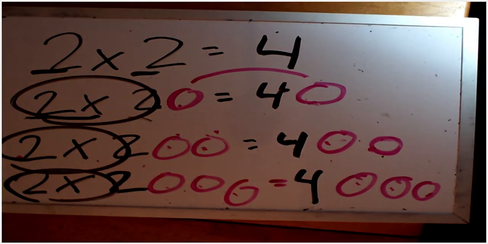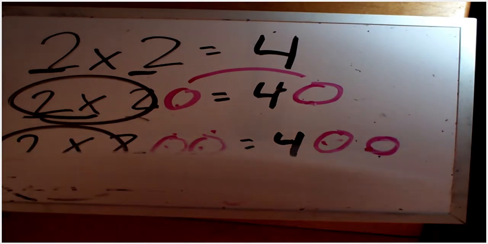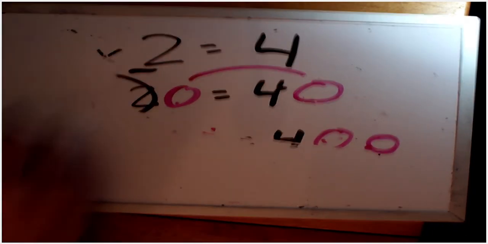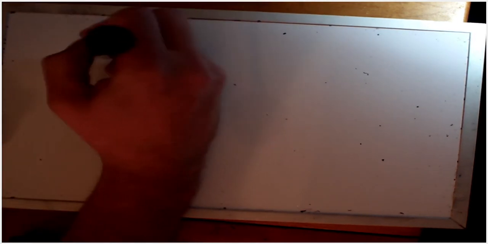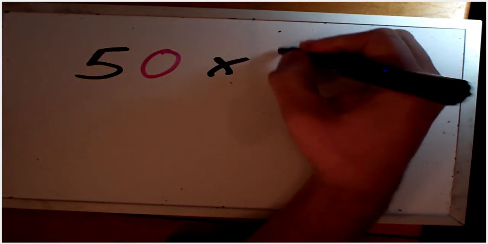So how do they change up in this lesson? How do they make it more complex for you as a superb quantitative reasoner? Well, in this lesson, you're going to see problems like 50 times 40.